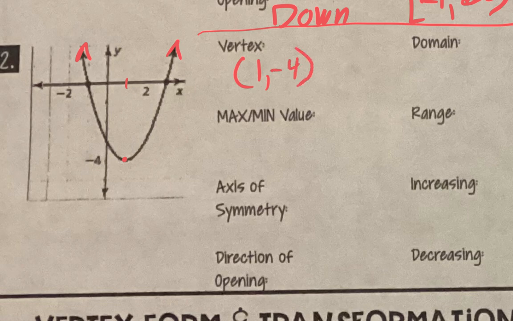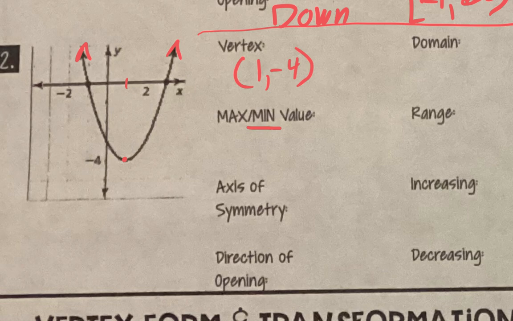Now remember what I said. The vertex is going to be used to fill out the majority of these other options, as we saw above. So I know that my graph's opening upwards, so my vertex is my minimum value. And what is the y-coordinate of that vertex? -4.